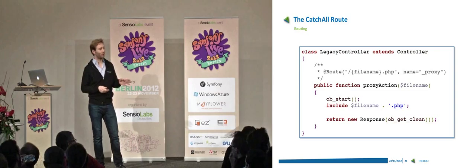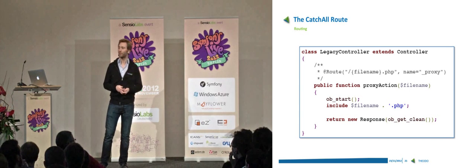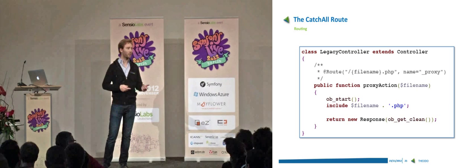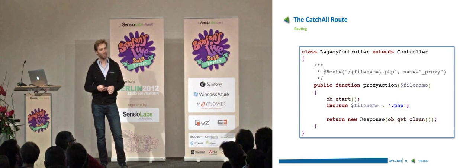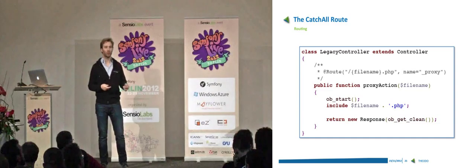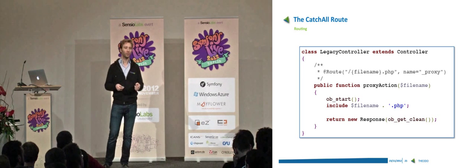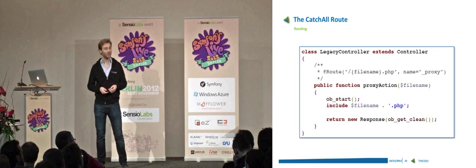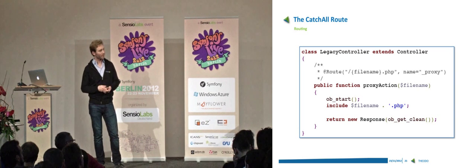Well, in real life, it's a bit more complicated, but it works. And in this way, you also get the enormous benefits of having access to everything Symfony2 in your legacy application. So if you need to correct some small bug and you want to use some Symfony2 library, this enables you to do it.